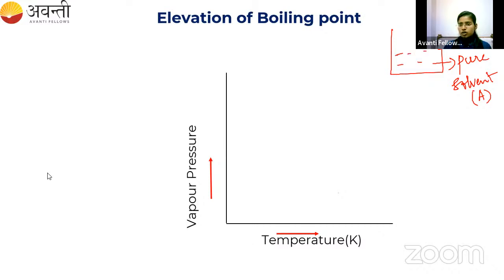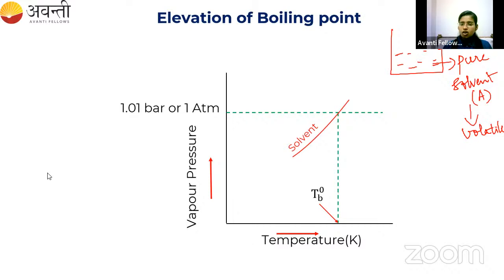This pure solvent is volatile in nature, and it will boil at one particular temperature, which I call TB naught. So this TB naught denotes the boiling temperature of the pure solvent. TB naught is the boiling point of pure solvent.